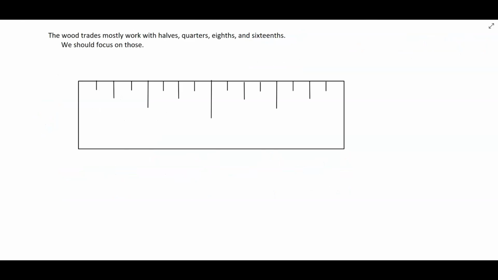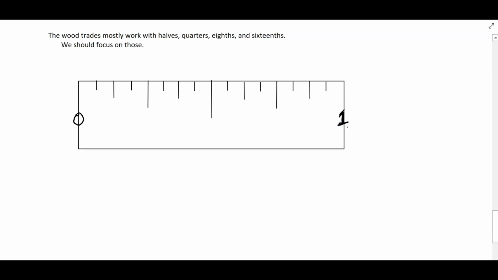Now let's look at a tape measure. The wood trades mostly work in halves, quarters, eighths, and sixteenths. So we should focus on those. So here is my inch, all right? And I could put any whole number at the beginning of it. So we can start with 0 here. And this will be where the 1 inch marker is.